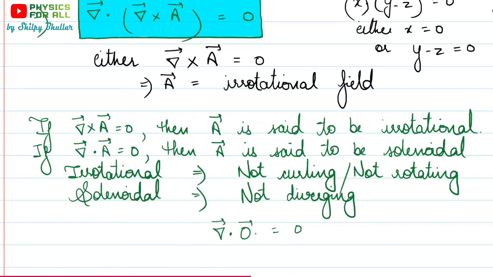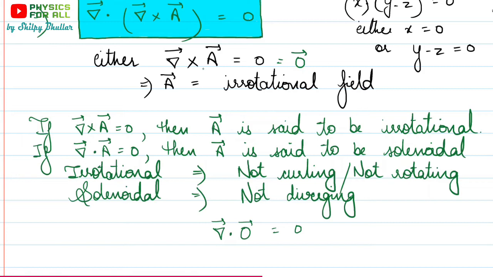Alright, you also know what is 0 vector. So if this del cross A is 0, then we can also write it as 0 vector, because we know that cross product always gives us a vector quantity. So if cross product is giving us 0, that means we are obtaining a 0 vector.